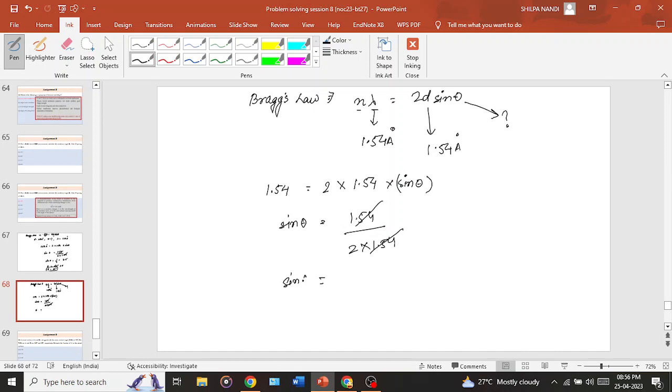What you will be left with is sine theta equal to 1 by 2, which is 0.5. So if sine theta is 0.5, theta will become sine inverse 0.5. So theta will be how much? 30 degrees.